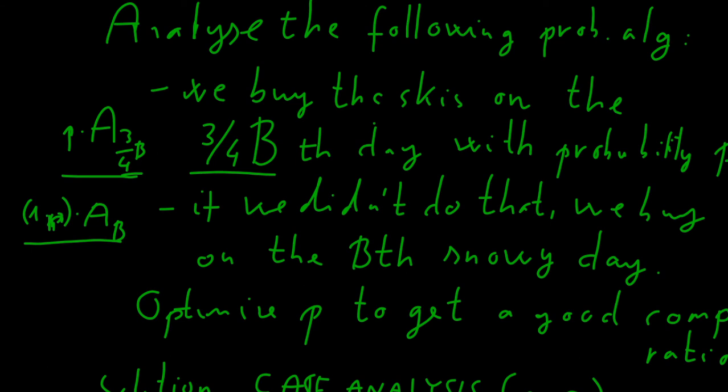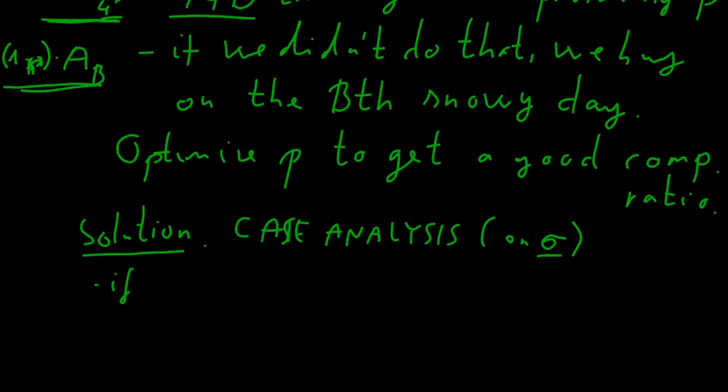But that's why I'm saying that these two algorithms behave the same way, because if n is smaller than this checkpoint, then this guy is just keep renting and this guy is also just keeping renting. So the two algorithms behave the same way for those inputs for which n, the number of snowy days, is smaller than 3 over 4 b.